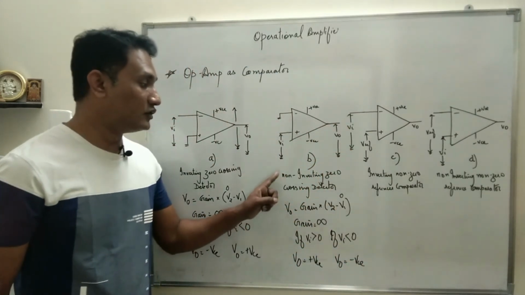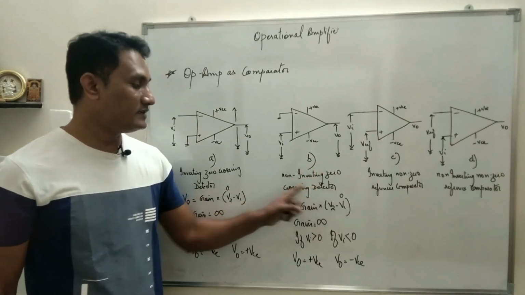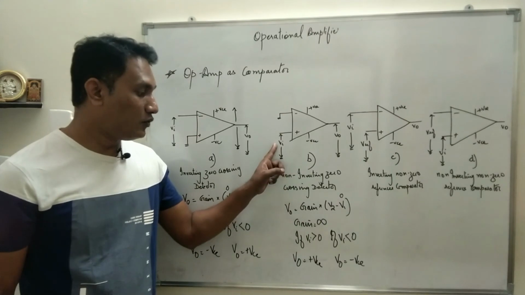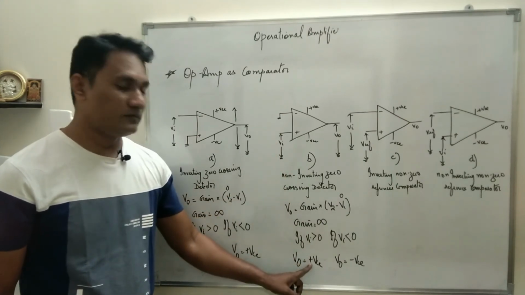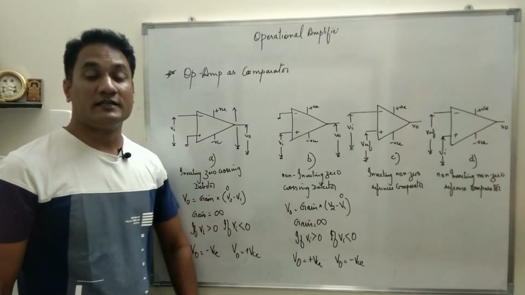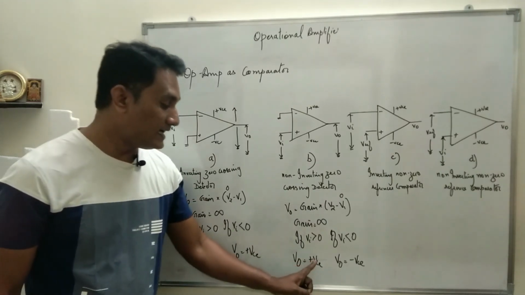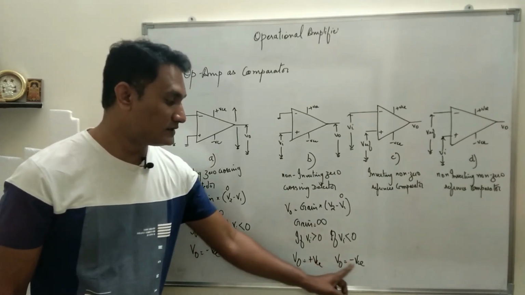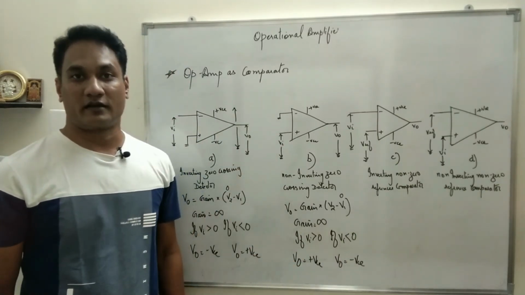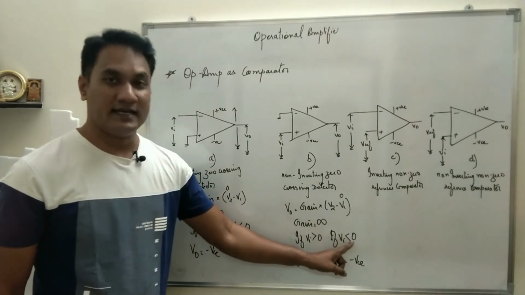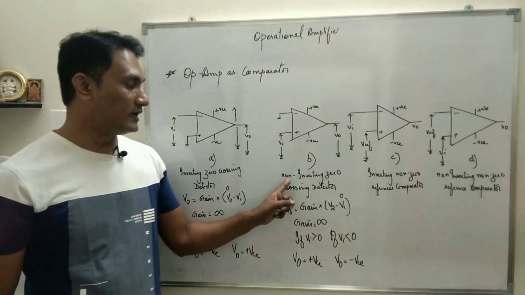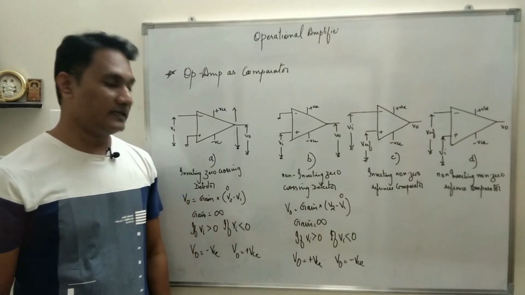So if you have a non-inverting zero crossing detector, what you can see is if the output is plus VCC, we can say that the input voltage is still greater than 0, and if the output changes from plus VCC to minus VCC, we can say the input has crossed the 0 mark. Okay, that means it is less than 0, it has crossed the 0 mark. So that is how it can be used as a non-inverting zero crossing detector.